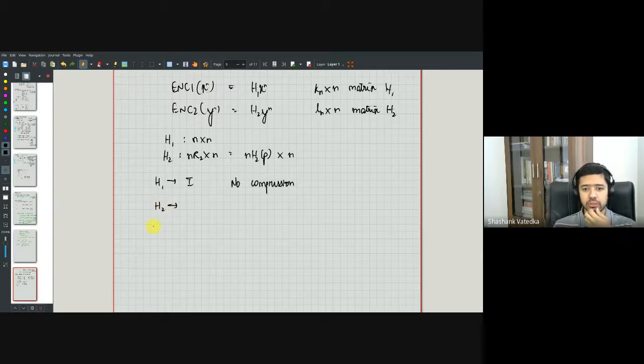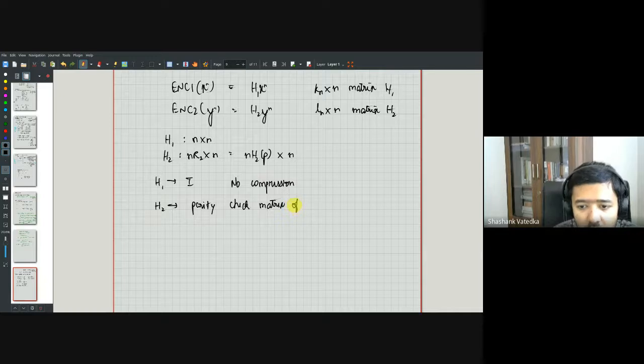So really, we can choose H2 to be the parity check matrix of any linear code which achieves the capacity of the BSC.